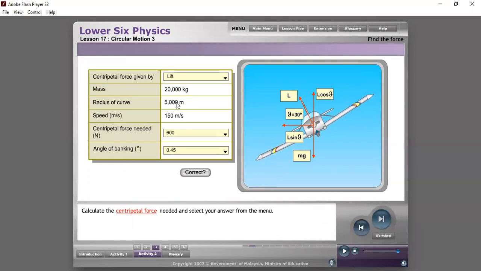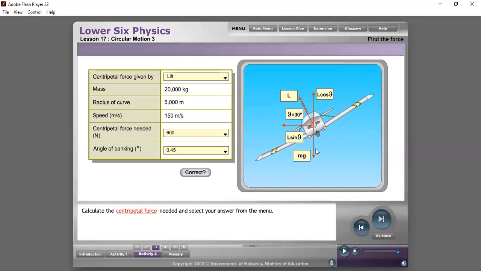If the lift force is the mg, the centripetal force will be L sin delta. Now you see L comes from the mg, because mg is equal to L cos delta.